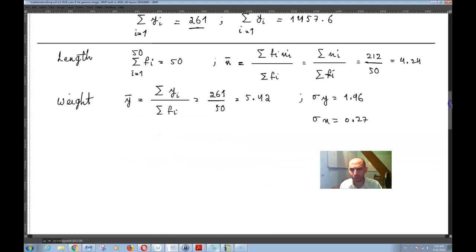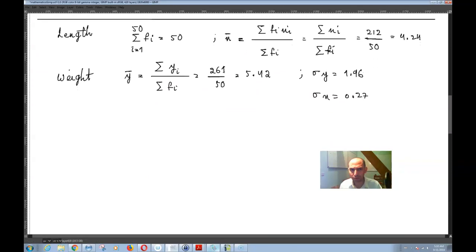Okay, so now the coefficient of variation for x, basically you know that coefficient of variation is equal to sigma divided by x bar times 100.